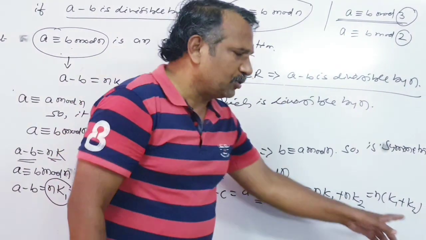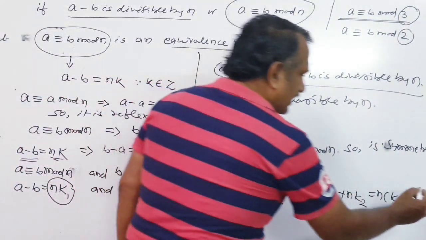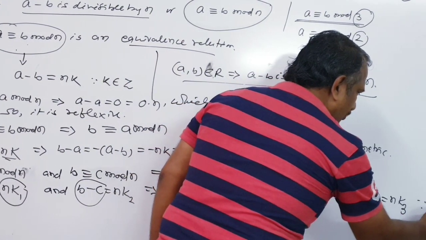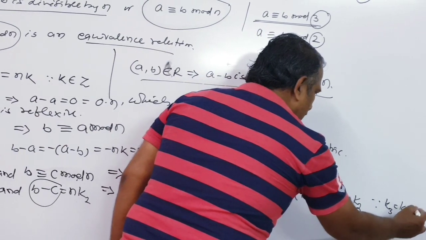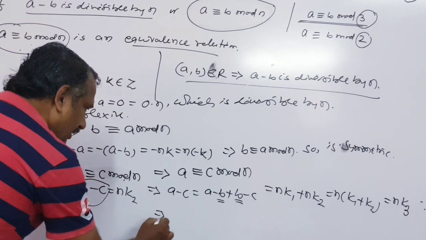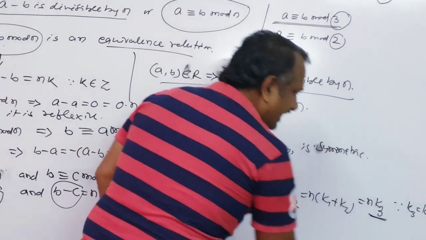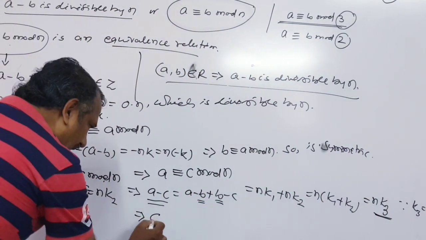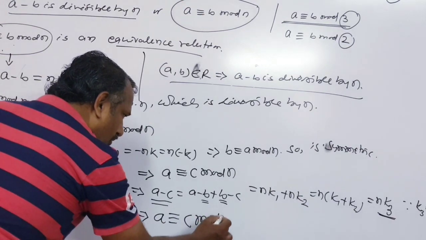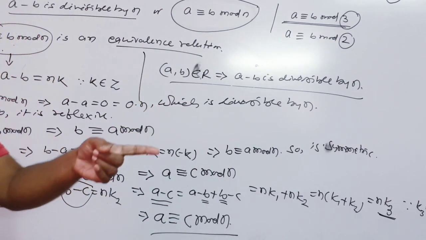Now k1, k2 are integers, and the sum of two integers is an integer, let us say k3 equals k1 plus k2. Now a minus c equals nk3. That means a is congruent to c mod n, since a minus c is divisible by n.